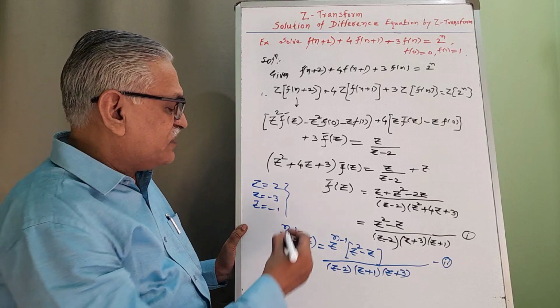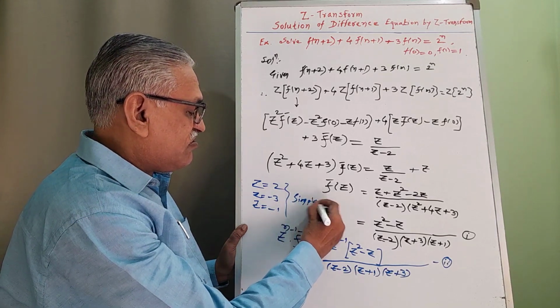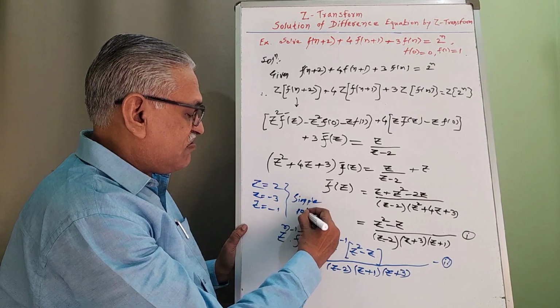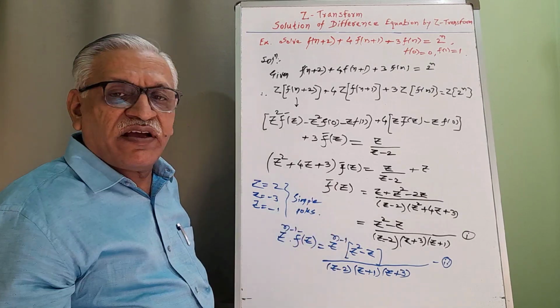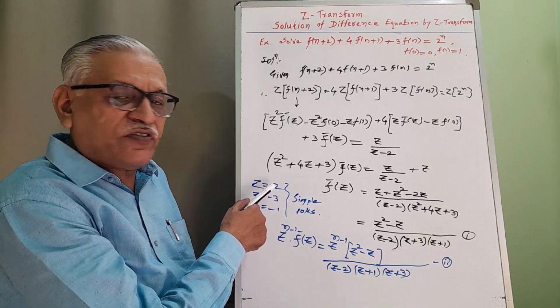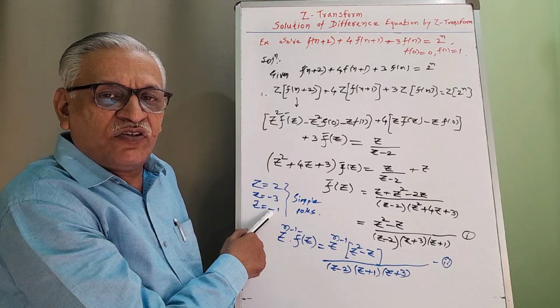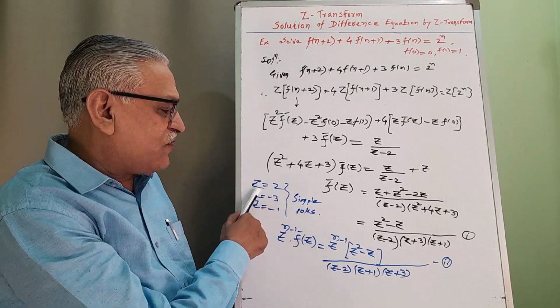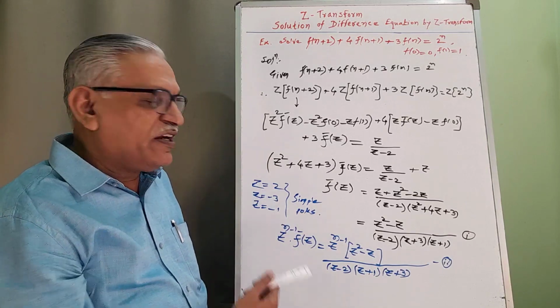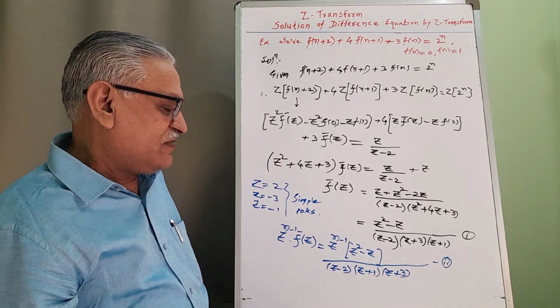These are 3 simple poles. And after getting the poles, the next step is we require to find the residue at the first pole, the residue at the second pole, and the residue at the third pole, and then take the sum of all those residues to get the required solution or required value of f(n).